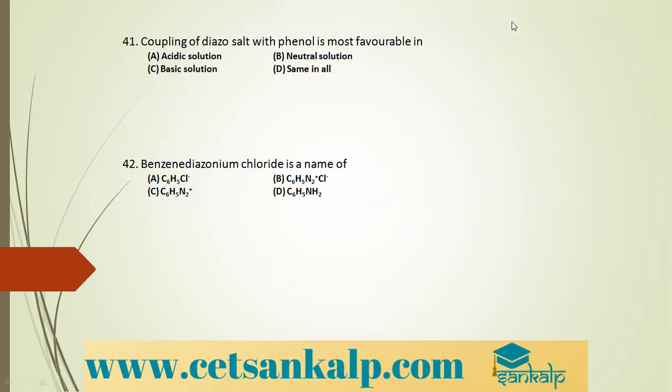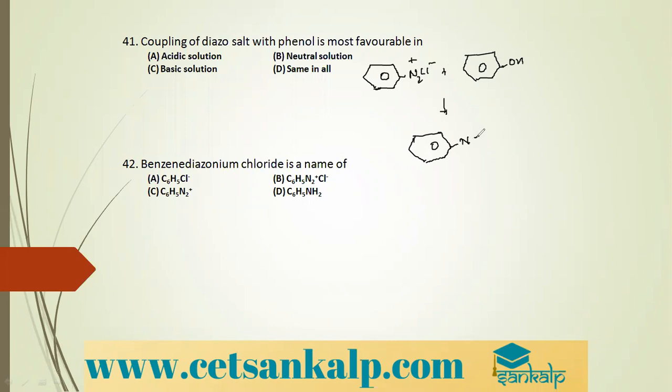Coupling of diazo salt with phenol. So there is a diazo salt, N2+Cl-. Coupling of a diazo salt with phenol always occurs at the para position of the OH group. So what do we get? We get a benzene ring.